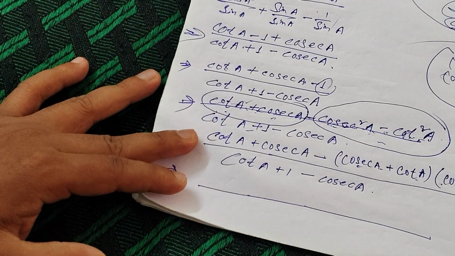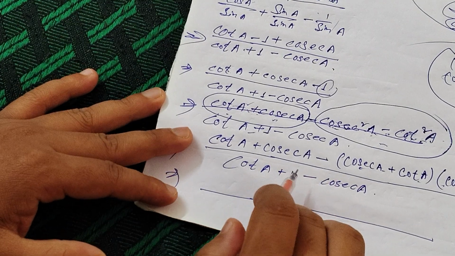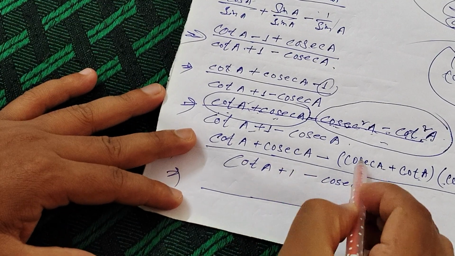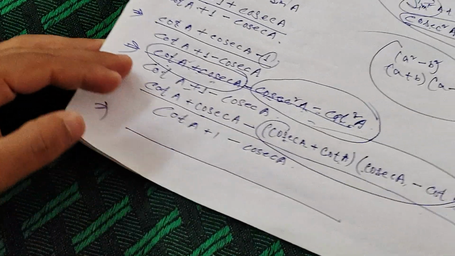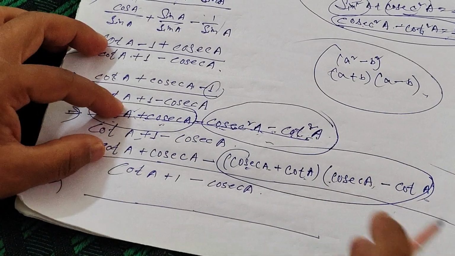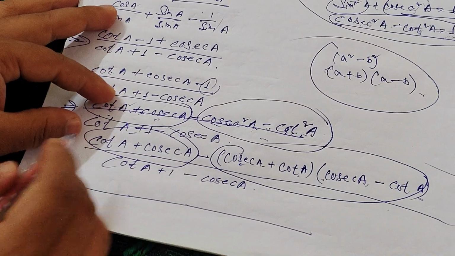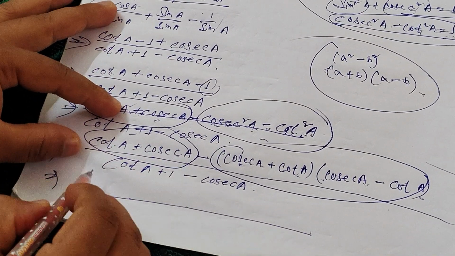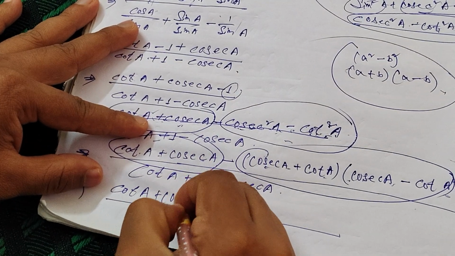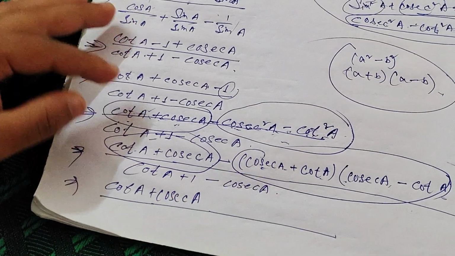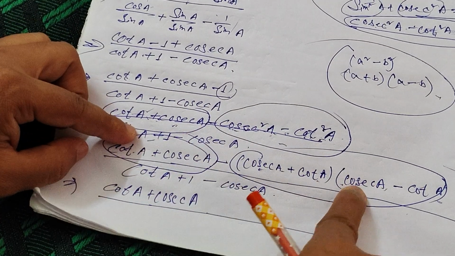Now you can see here, in this and in this, what is the common? The common is cot A plus cosec A only. Into what is the common?